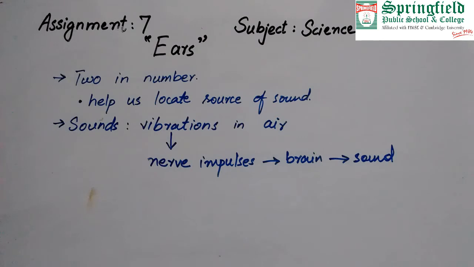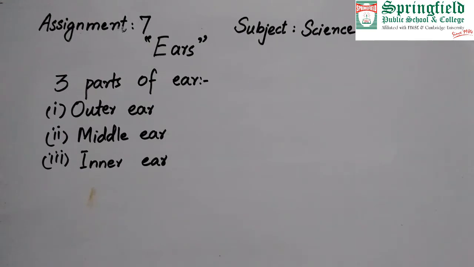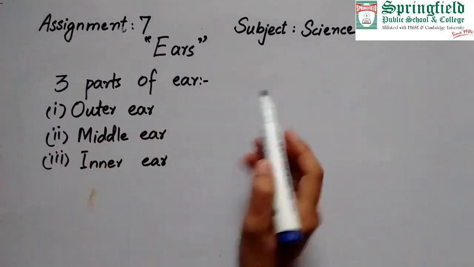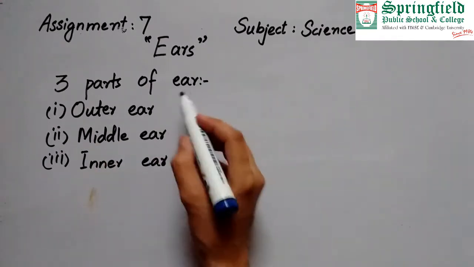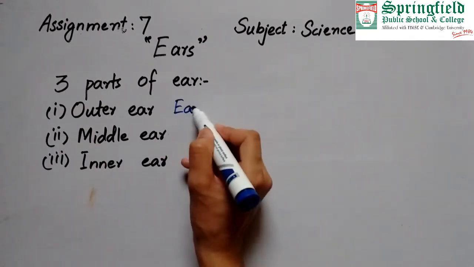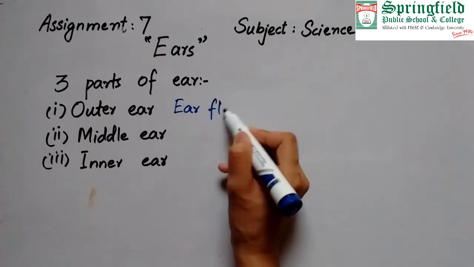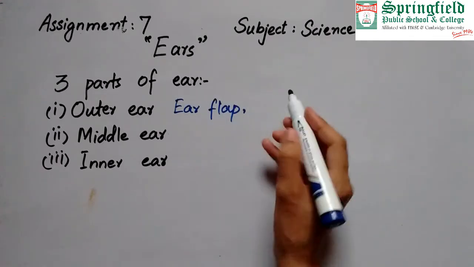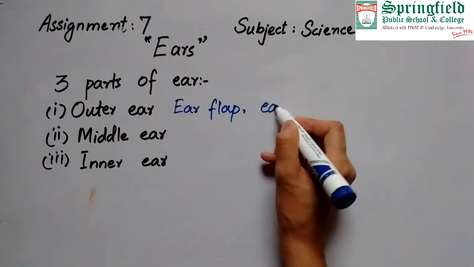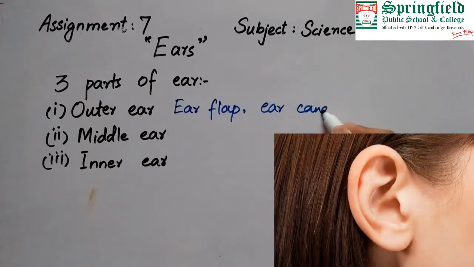Alright, now we will see the divisions in the ear. Each of the 2 ears is divided into 3 parts. Number 1 is the outer part. This part consists of ear flap, or we also call it ear pinna, then ear canal and eardrum.